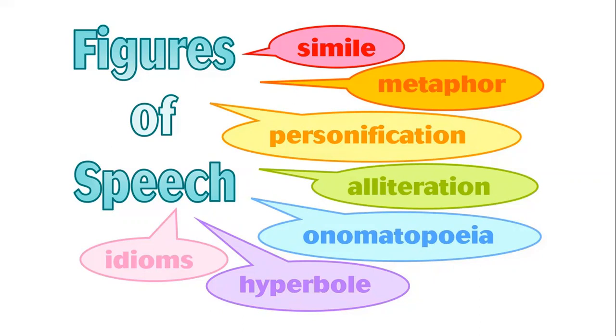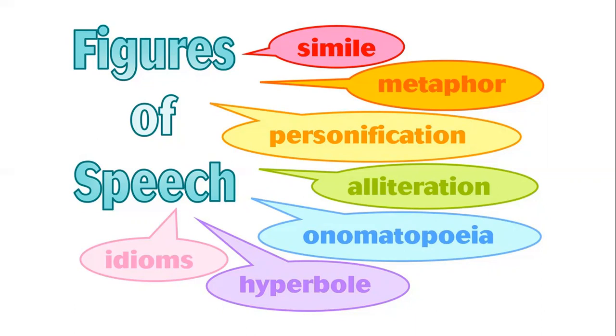So, students, figurative language is actually the opposite of literal language. In literal language, it means exactly what it says. Okay. So if I say he ran fast, it's literal language. I'm telling you that he ran fast. You have to take its literal meaning.